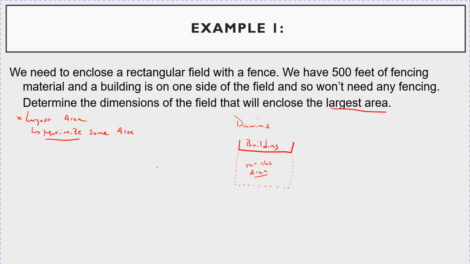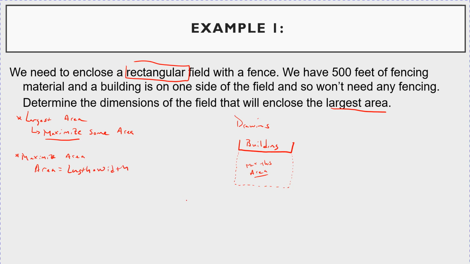All right, so to do this, you're going to need to figure out some equations. You want to maximize an area. Well, what is an area formula? The area of a rectangle, because it's told it's a rectangular field, is equal to length times width.